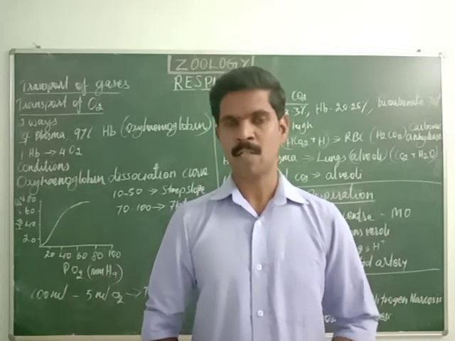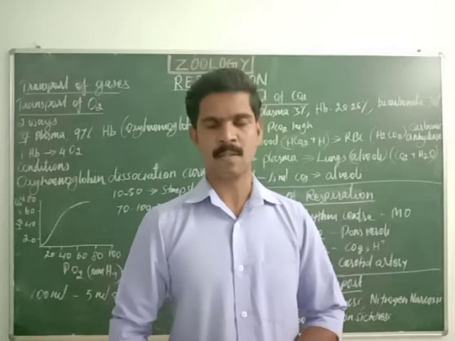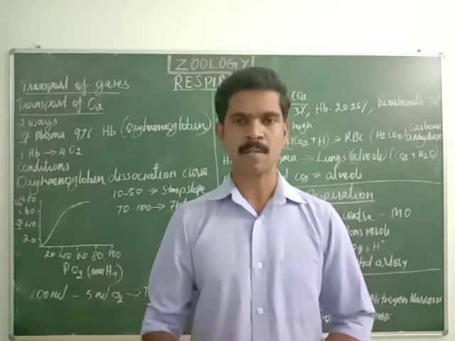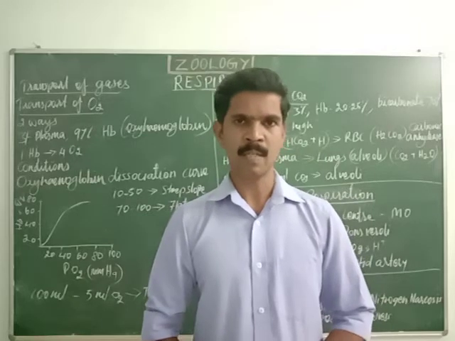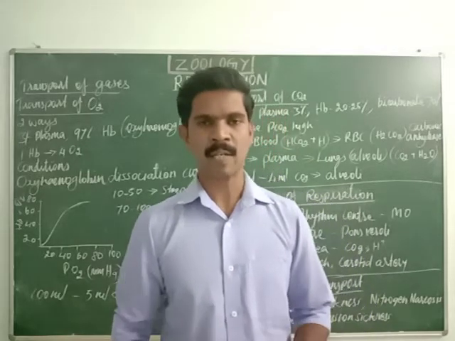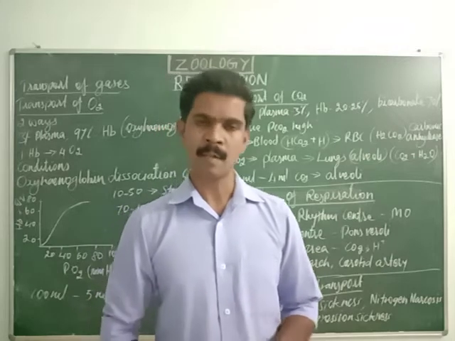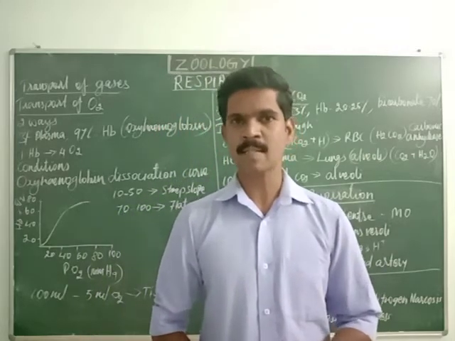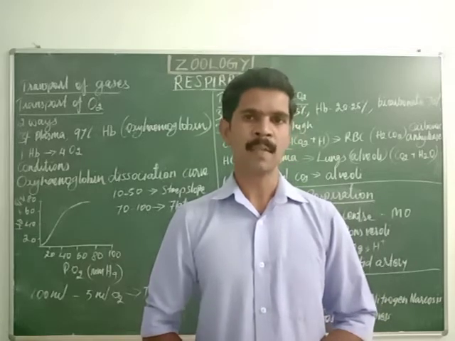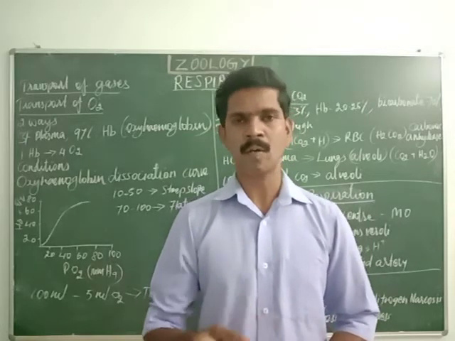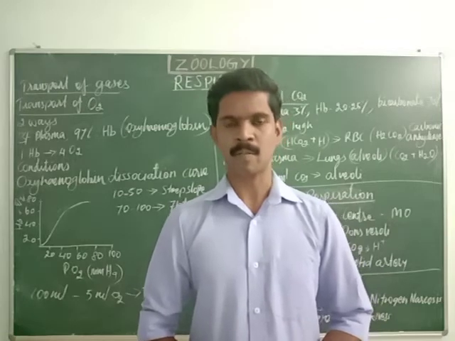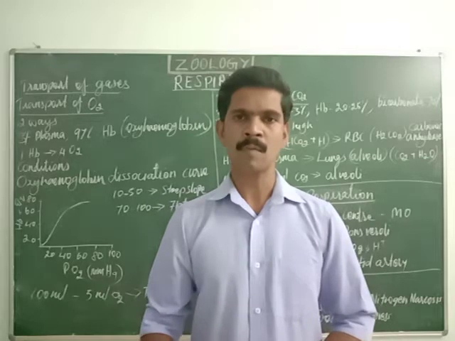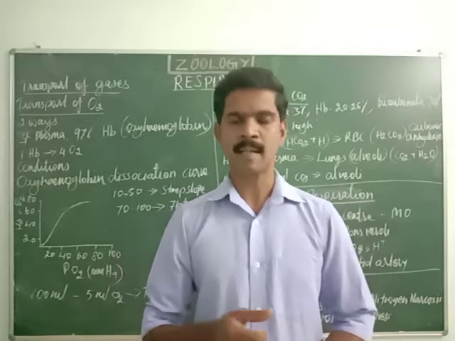Because of these factors, the formation of oxyhemoglobin is favored. The reasons for the formation of a high amount of oxyhemoglobin are: first, high PO2; second, low PCO2; then low temperature and low hydrogen ions. These reasons help the formation of more oxyhemoglobin inside the alveoli.